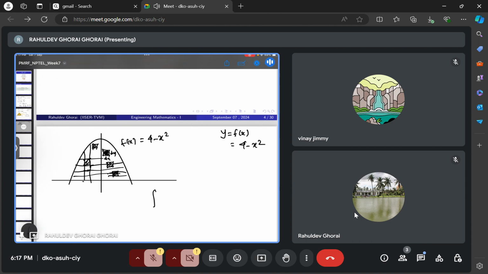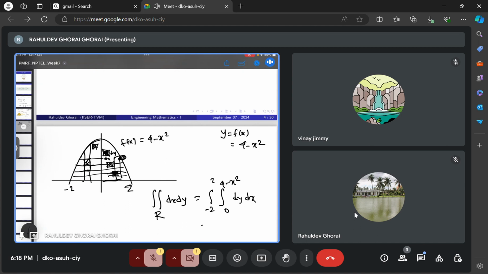The same area you can write in two-variable form, a double integral over the region R under the function, with dx dy. x will go from minus 2 to plus 2, and y from 0 to 4 minus x square, dy dx.